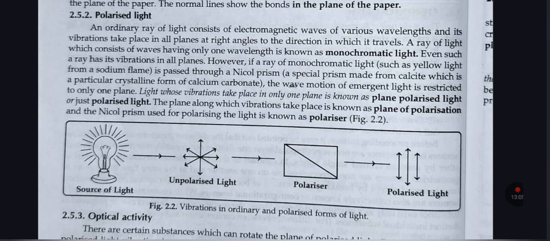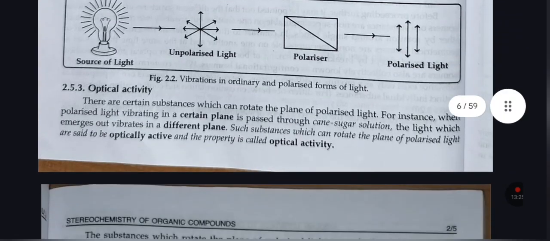Light whose vibration takes place in only one plane is known as plane polarized light or just polarized light. The plane along which vibration takes place is known as the plane of polarization, and the nicol prism used for polarizing the light is known as the polarizer. This figure shows the vibration in ordinary and polarized forms of light.